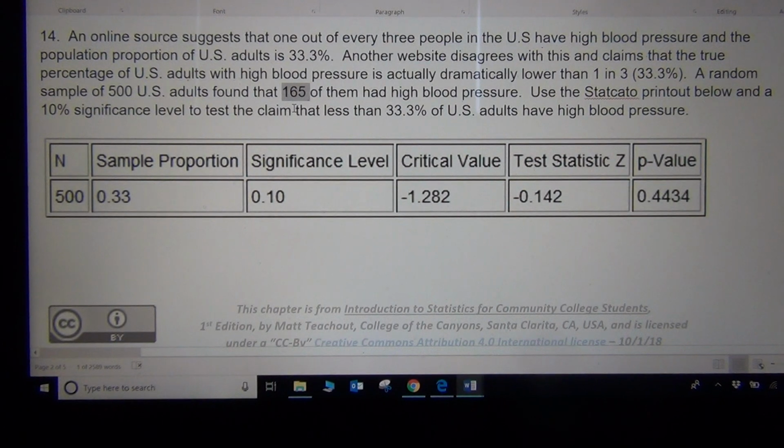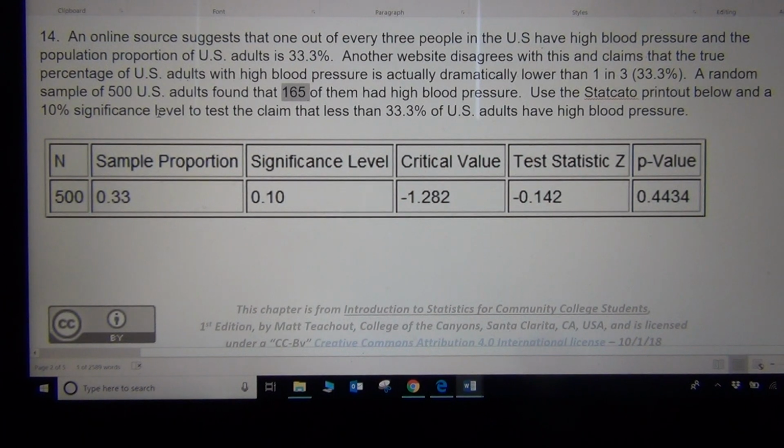Now, are these people independent of each other? We can't have people that were in the same family or related or things like that. So that's a very big and important assumption to think about, is independence. I think we're good because we have a random sample of only 500 people out of every adult in the US. So we're talking about a huge population. A small random sample out of a very, very large population, millions and millions of people.